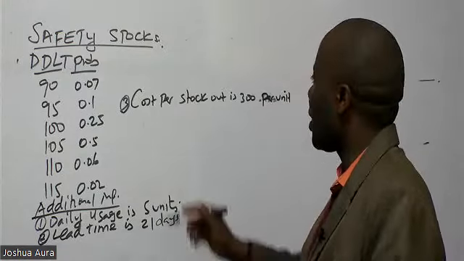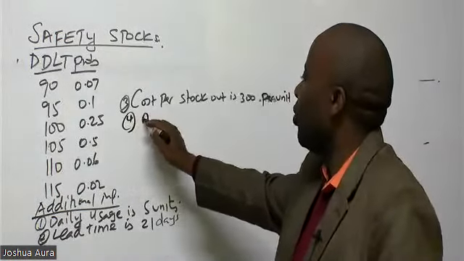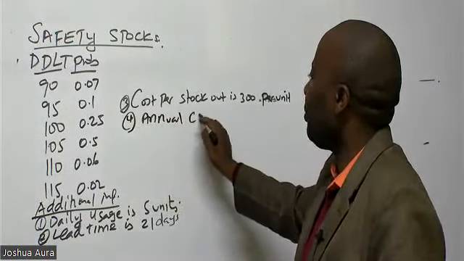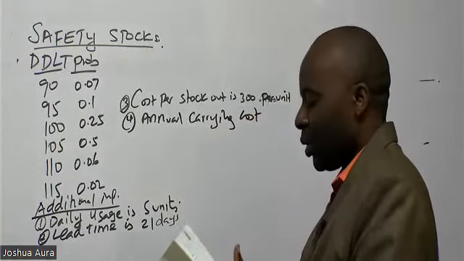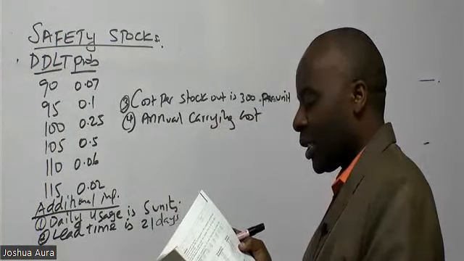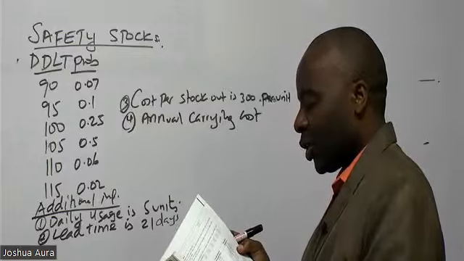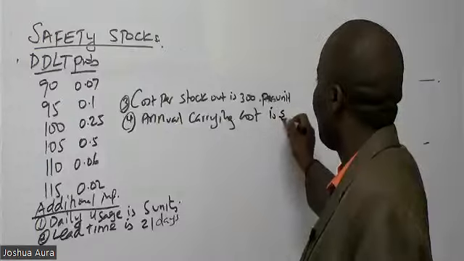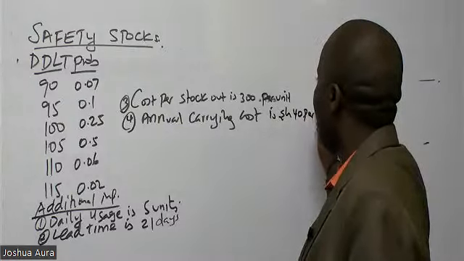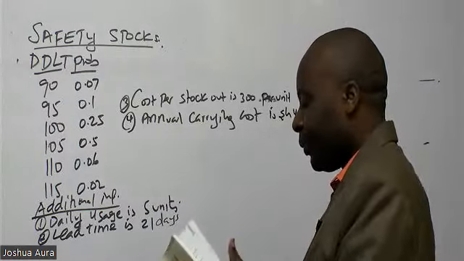The carrying cost, number 4, annual carrying cost is shillings 40 per unit.